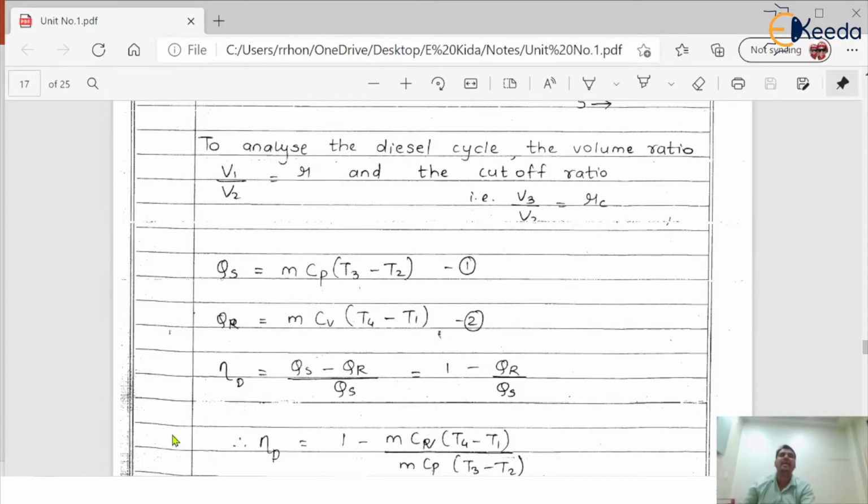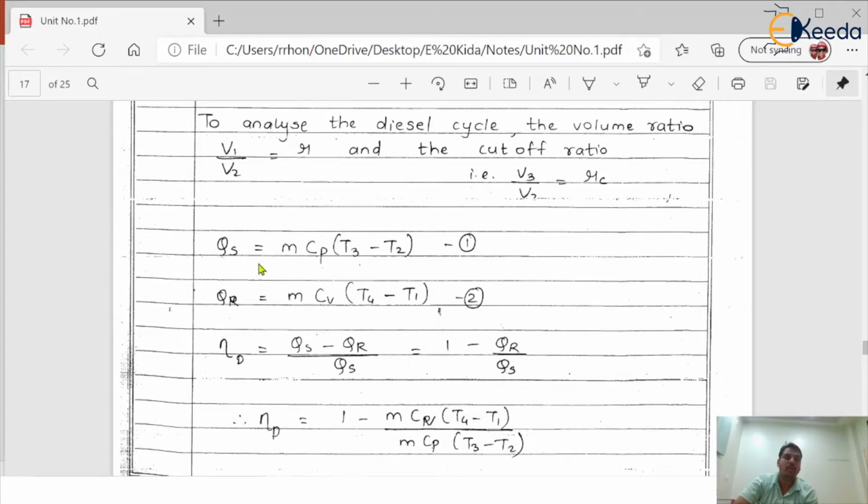So similarly, we can write the efficiency equation for the diesel cycle as work done divided by heat supplied, or input. So output by input is nothing but work done by heat supplied. In this case, what is the work done? Q_S minus Q_R is the work done and heat supplied is the input. Simplifying the equation, we get 1 minus Q_R by Q_S.